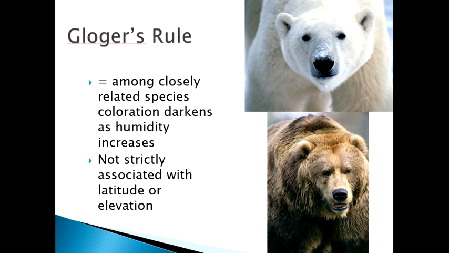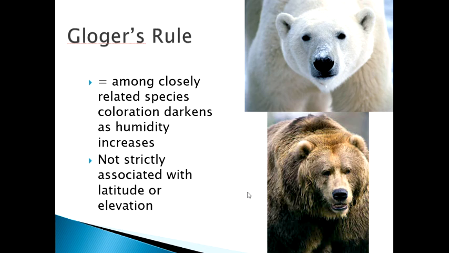Gloger's rule, this is kind of an odd one as well. This says that if you have closely related species, so maybe species in the same family, so here we have two members of the family Ursidae, the bears, includes all bears. You see a grizzly and a polar bear, and as you look at humidity increasing, you have a darker color.